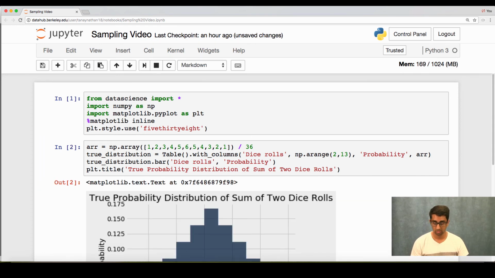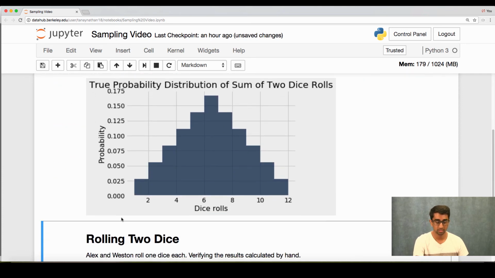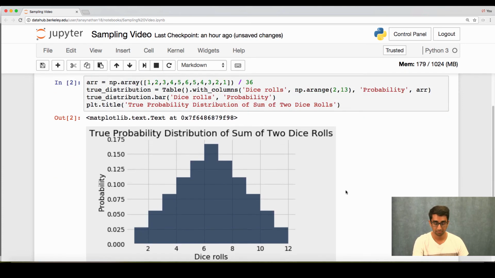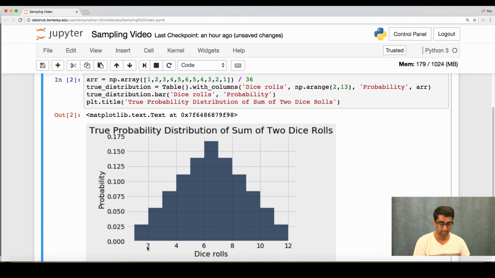I have this initial bar chart right here, which gives us the probability at each possible sum. As we can see, it's very even on both sides. It's split right down the middle at 7, and this is the goal of our next exercise. We want to get a bar chart that looks exactly like this. That is our goal.